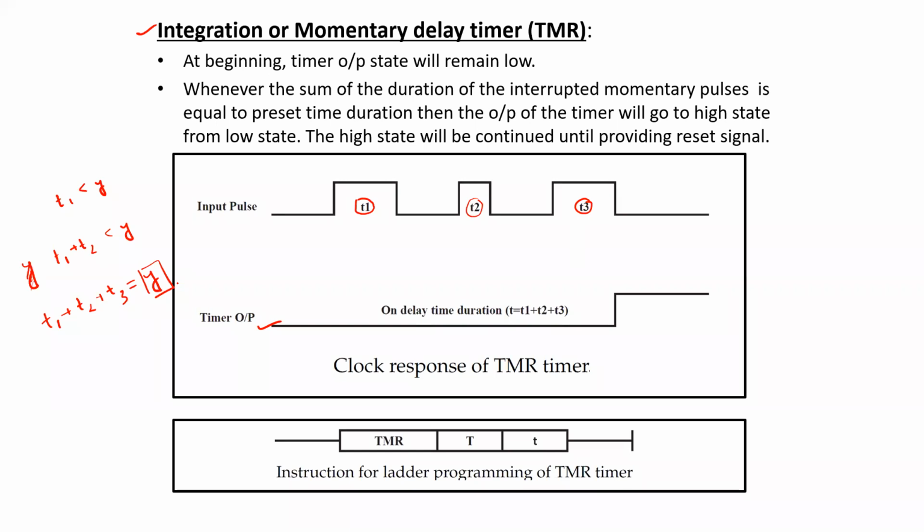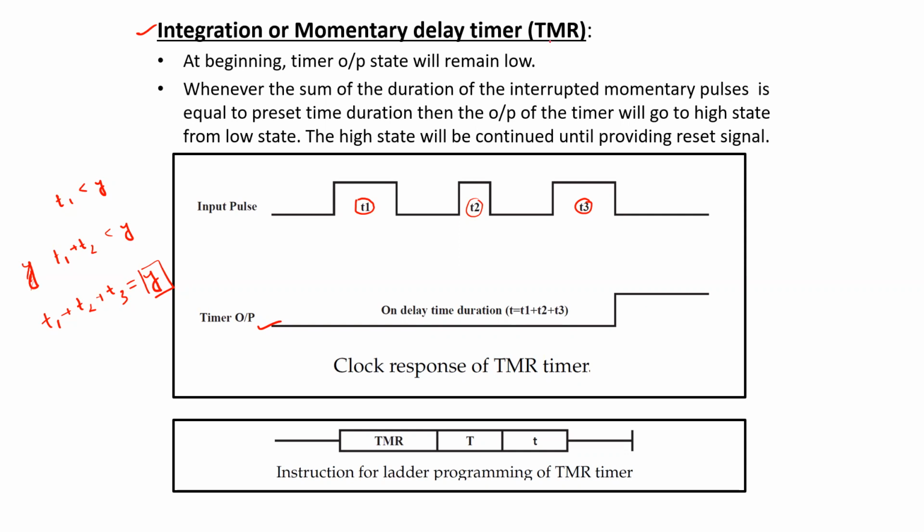But in case of on delay timers, it can operate depending upon only one pulse, and if that pulse is taken off somehow before the delay count is over, the timer will stop operating. But in this case, the duration of each input pulse is summed up or integrated together, and when the duration is equal to the duration set by the user, the timer output goes high.